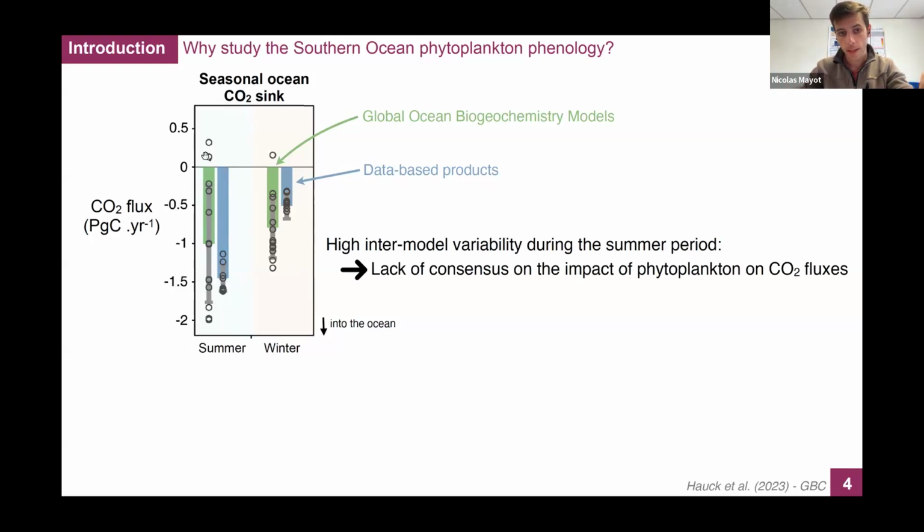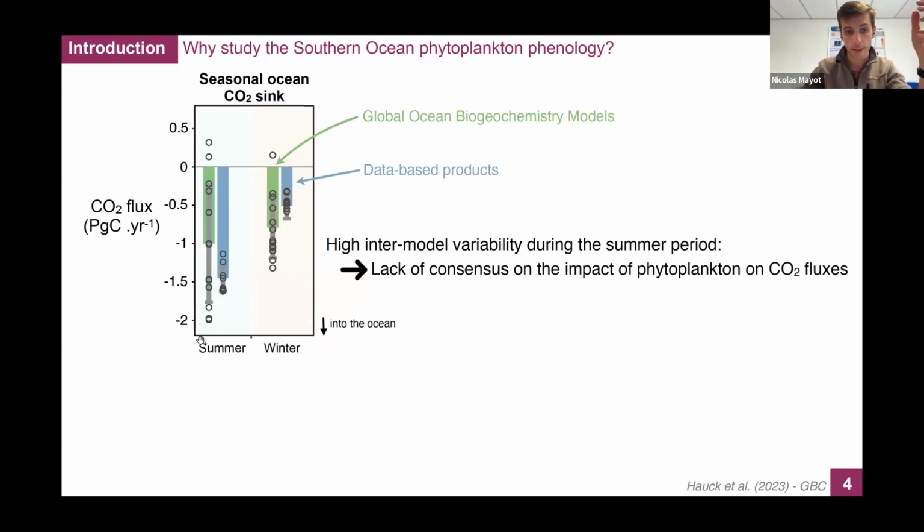But it is during this season, the summer season, that the phytoplankton is blooming and is helping the ocean to absorb CO2 because it is performing photosynthesis, which absorbs CO2 to produce carbon biomass, and so helps to reduce the surface concentration of CO2 in the ocean, and so helps the ocean to absorb CO2.